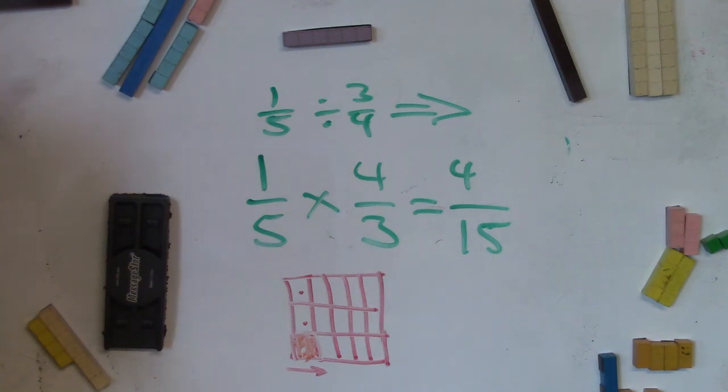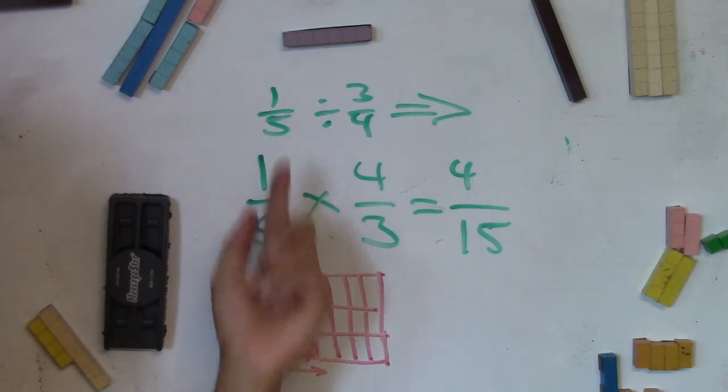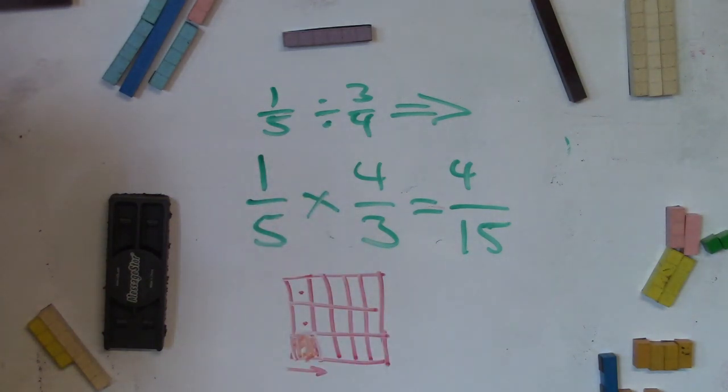Because here's the other thing. If you just remember a rule, I've seen kids get confused and invert that one. And roll all the way over.